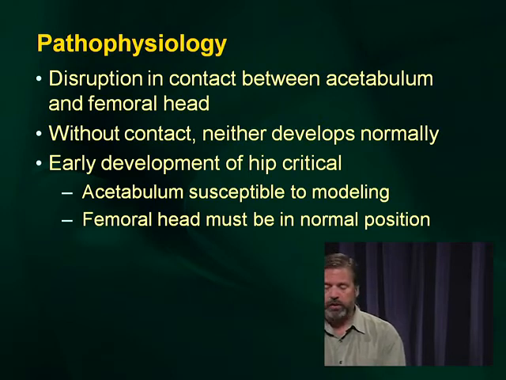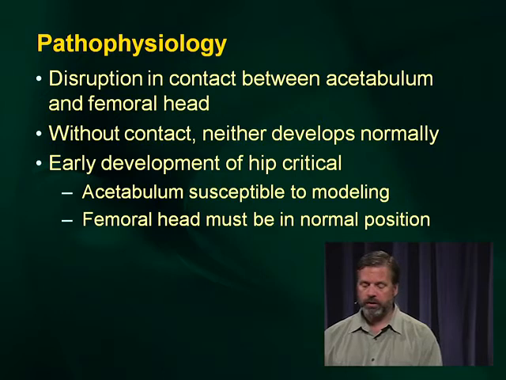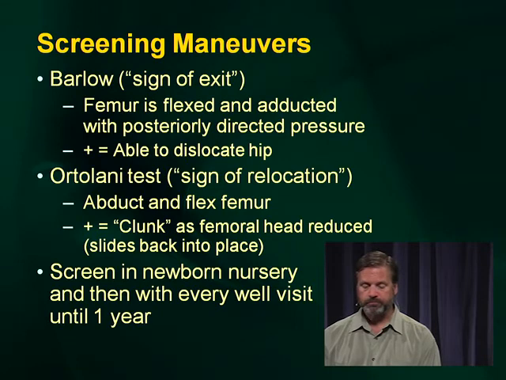So it's this disruption of the contact between the acetabulum and the femoral head, and without that contact, neither develops normally. So early development of the hip is critical to make sure that this system develops the way it's supposed to. So the object is to bring the femoral head in contact with the acetabulum.